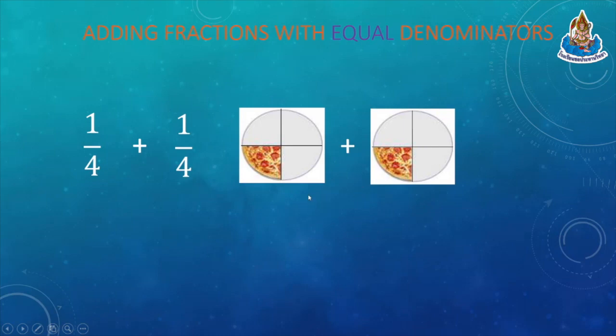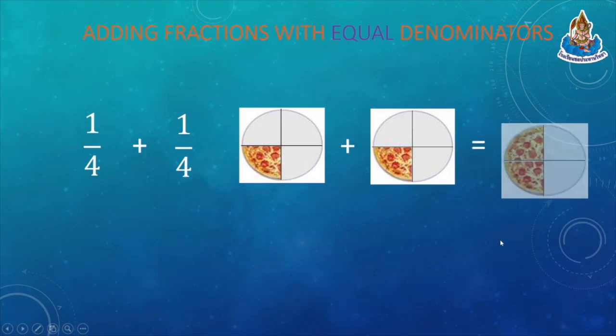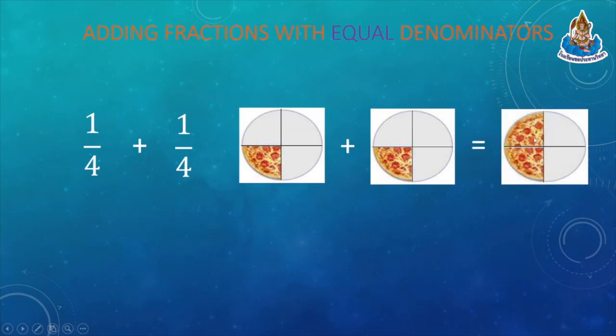Now, I would like to put those slices of pizza on one plate, or add them. So, I take slice of pizza from second plate and put it on the first plate. Now, on one plate, we have 2 slices of pizza, but pizza is still divided in 4 equal parts. So we can show it as a fraction 2 over 4.